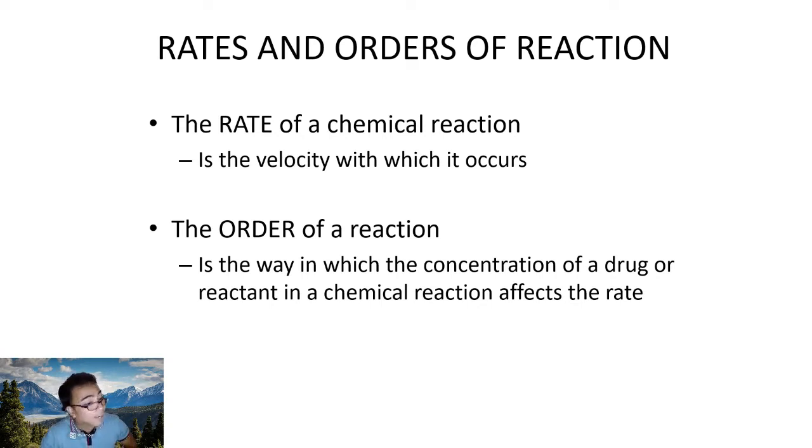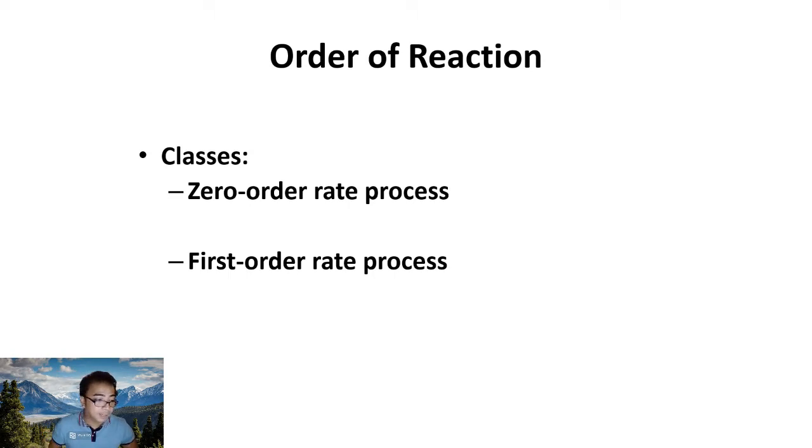In our case, the reaction we are looking out for here would be the elimination. How fast is the drug being eliminated? And there are two types, class, of orders of reaction. We have the zero order reaction and then the first order rate process.